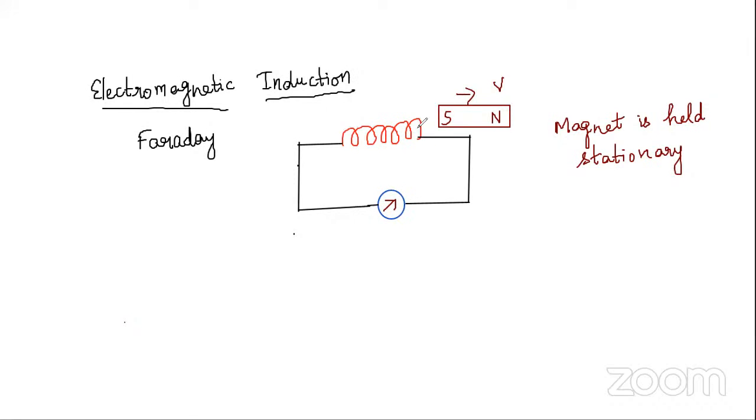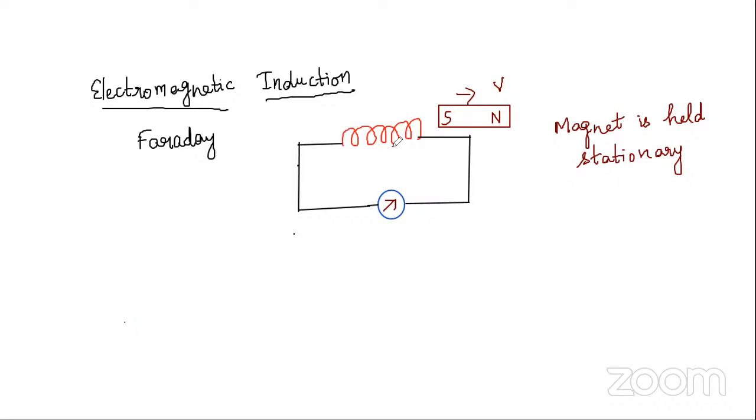I think you can understand this because, let me explain again. So here you see, when the south pole of the magnet is moved away from the coil, the induced current flows through the coil in such a way that there is a magnetic field produced by this coil also, because the induced current flowing in this coil will also generate some magnetic field around it.